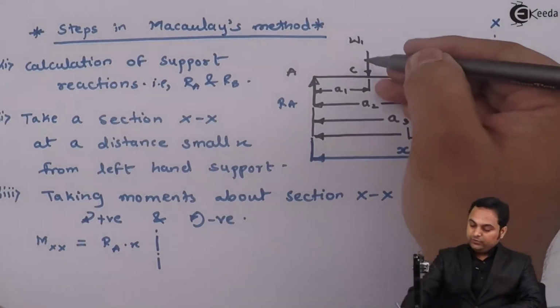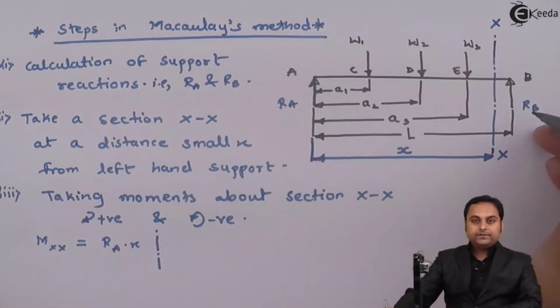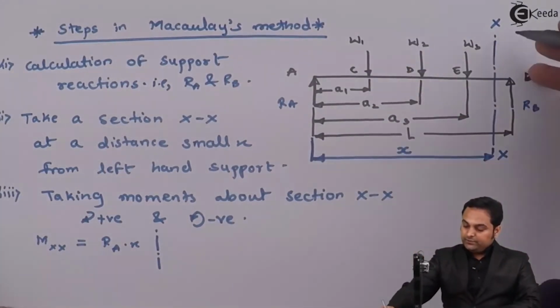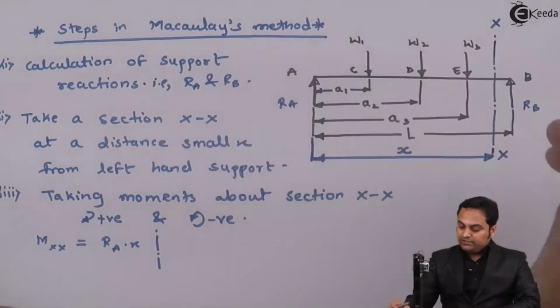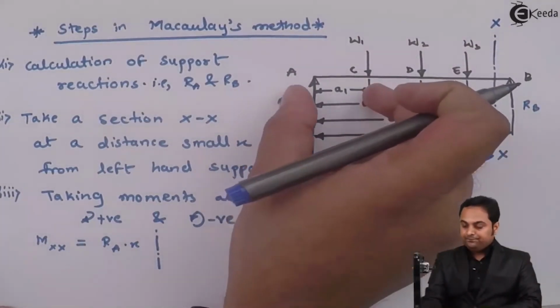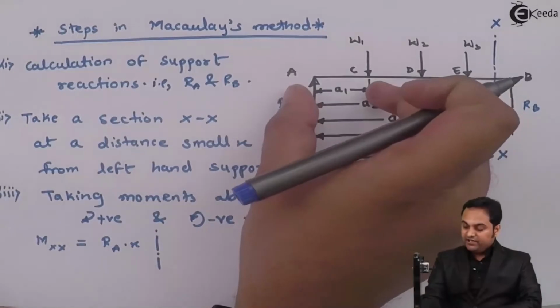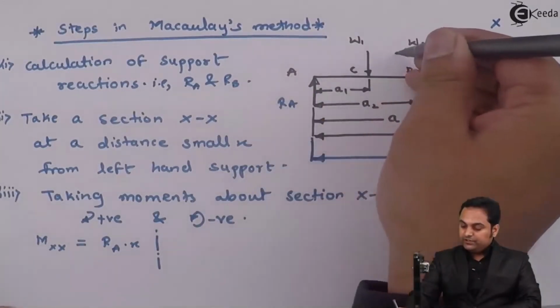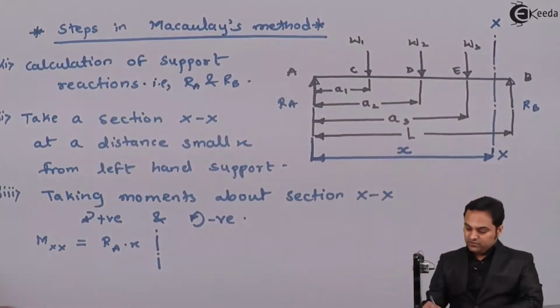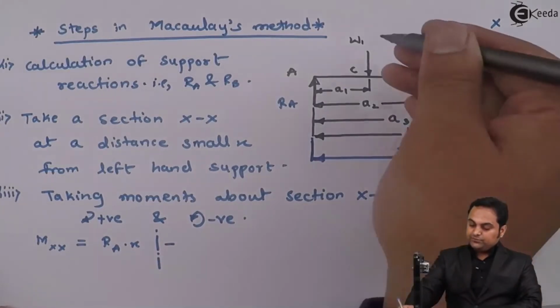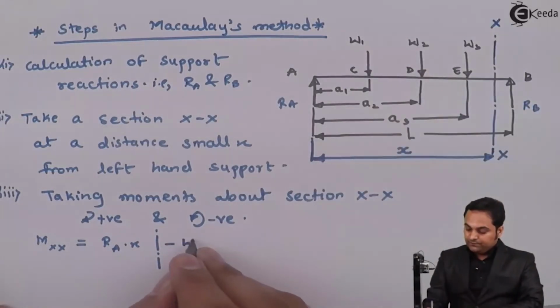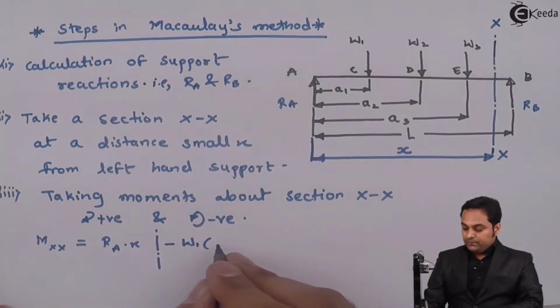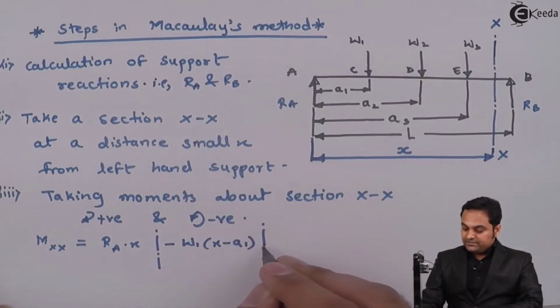Next, W1 will produce anti-clockwise moment. Now the distance between XX section and W1 is x minus A1, because x minus A1 will give us the distance between W1 and section XX. So that is minus, because it produces anti-clockwise moment, W1 into x minus A1, the second section.